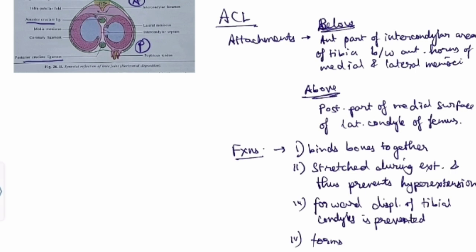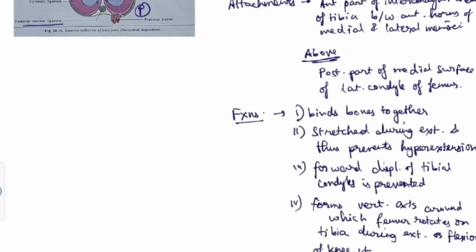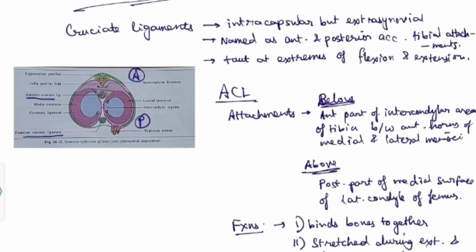Forms a vertical axis around which femur rotates on tibia during extension or flexion of knee joint. Super.